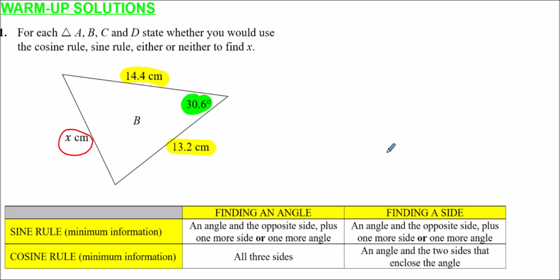So for the cosine rule, if we know an angle, which we do, 30.6, and we've got the 2 sides which enclose that angle, the 14.4 and the 13.2, we can find this side using the cosine rule. So like the first triangle, triangle A, triangle B is one where we'd again use the cosine rule.